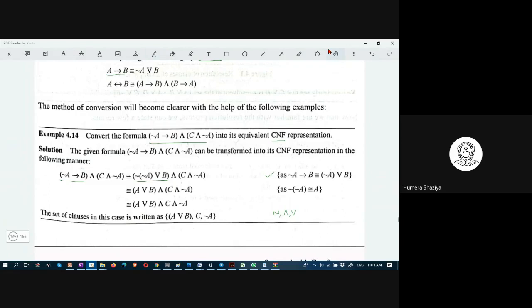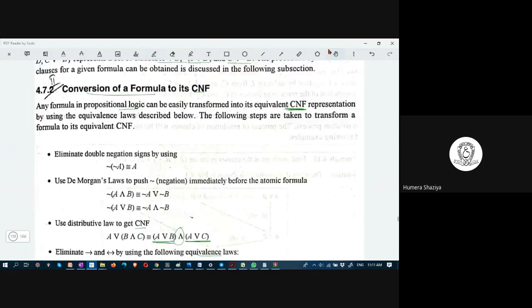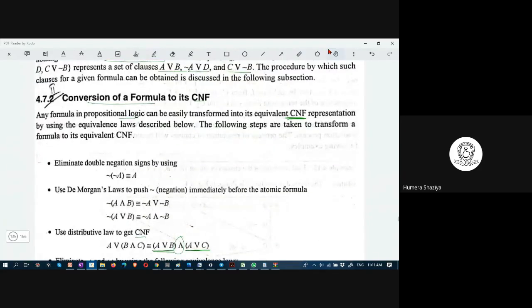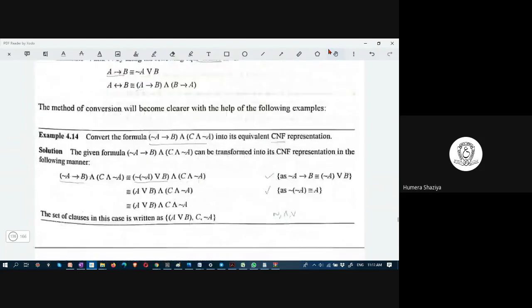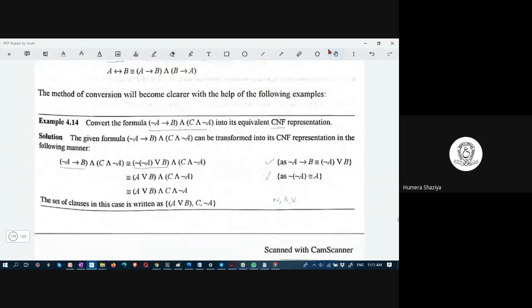Then next we know that from double negation elimination, not not A is equal to A. Therefore, this not not A would become A or B. We got one clause.